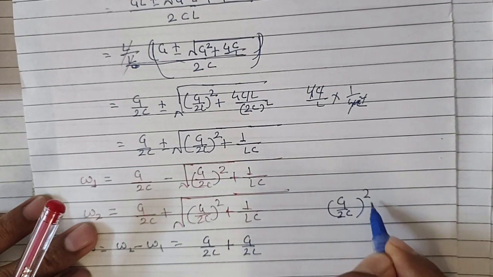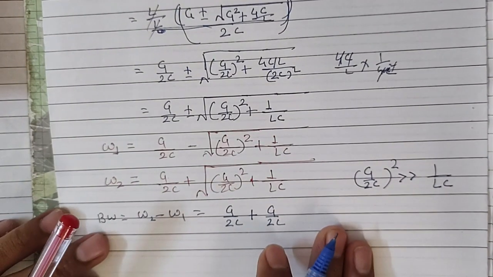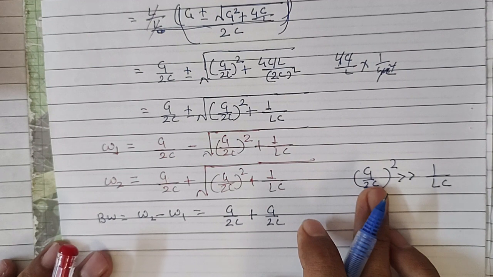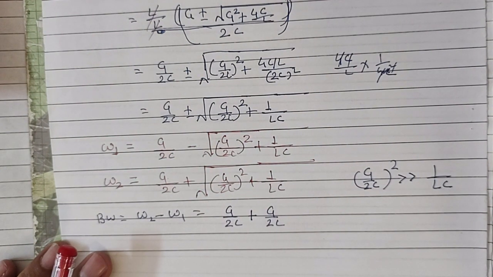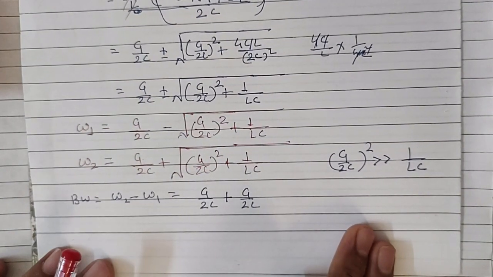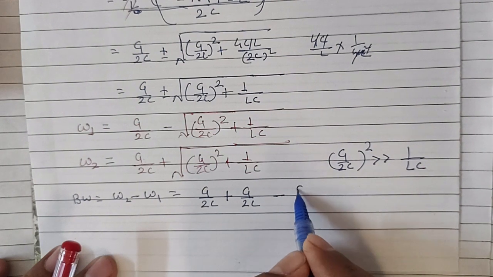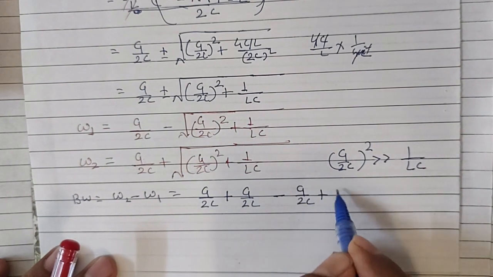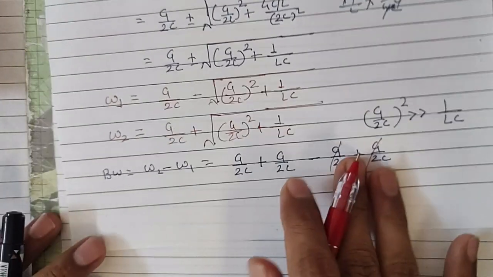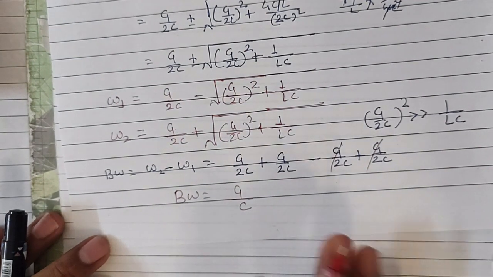G by 2C square is very much larger than 1 by LC because it includes load resistance and plate resistance, and LC are the tuning elements. So this is omega 2 minus omega 1, G by 2C minus plus G by 2C. So this will be cancelled out. So bandwidth is equal to G by C.